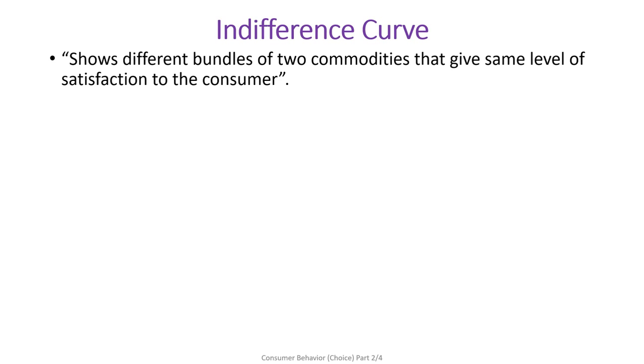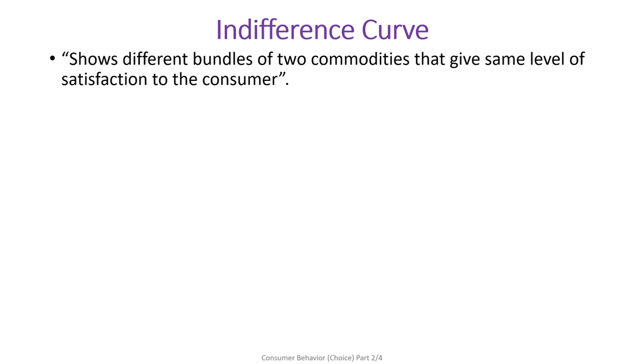But there will also be a few bundles which give us the same level of satisfaction as the standard bundle. The indifference curve is a locus of such bundles. That is, it connects all those bundles that give the same level of satisfaction to the consumer.